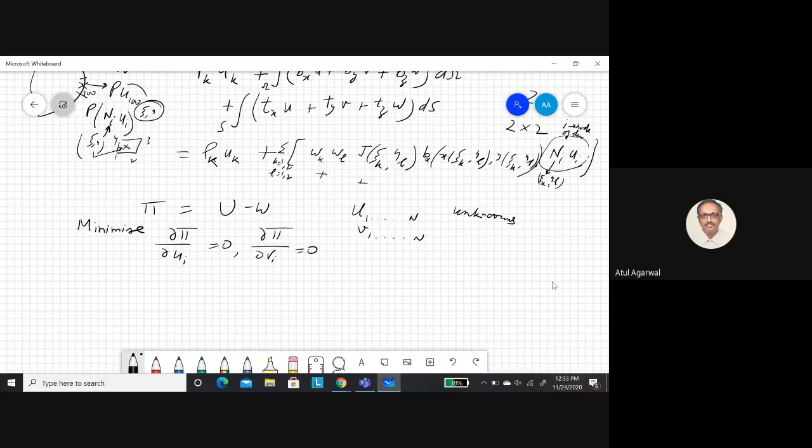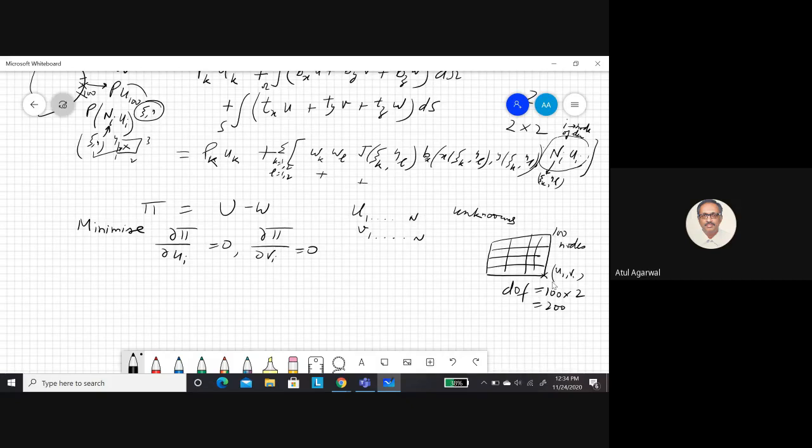Suppose you have got a body which has 100 nodes. How many degrees of freedom are there? How many unknowns are there? If each node has two displacements, u1, v1, you have 100 into 2, 200 unknowns.